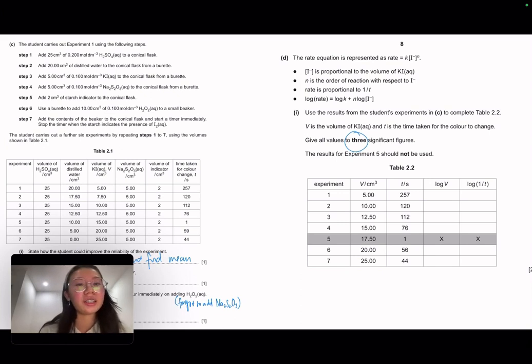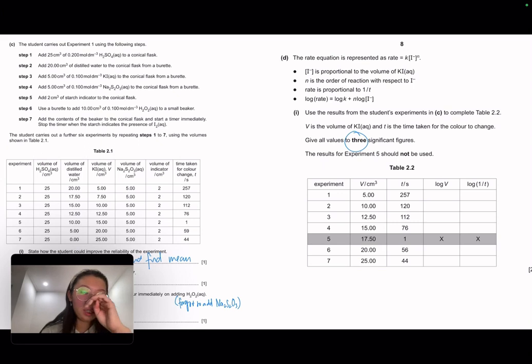If they do ask what is the gradient, what is this, what is that, what is the y-intercept, you can probably use that equation. Next, use the results from the student's experiment in C to complete table 2.2. V is the volume of KI and t is the time taken for the color to change. Give all values to 3 significant figures. The result for experiment 5 should not be used.